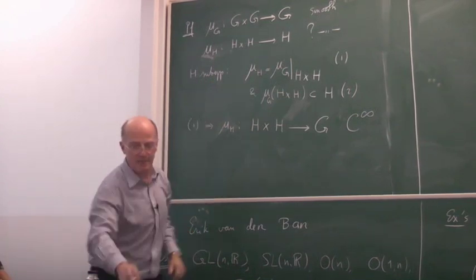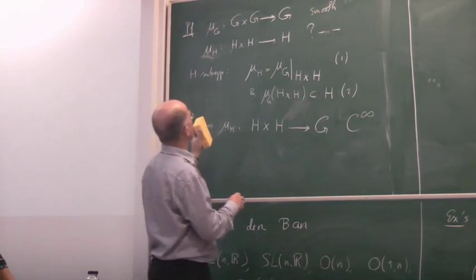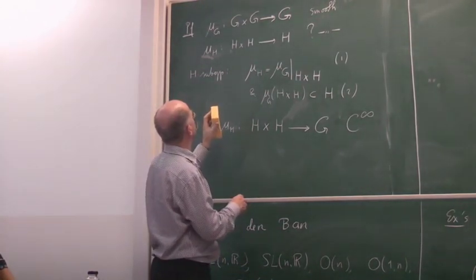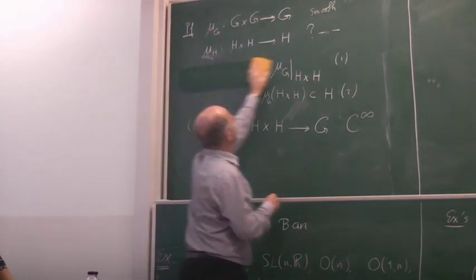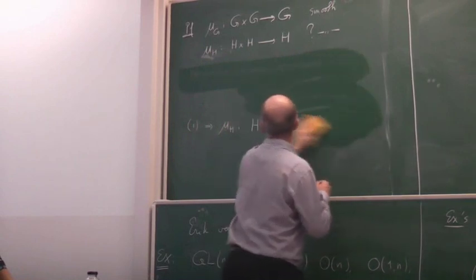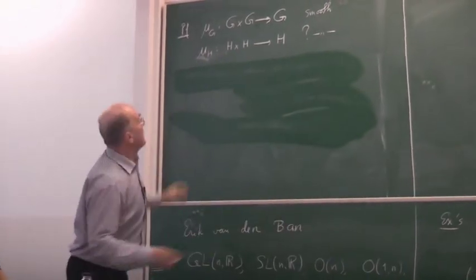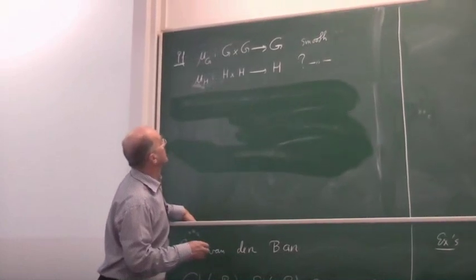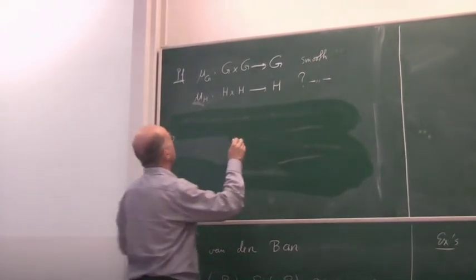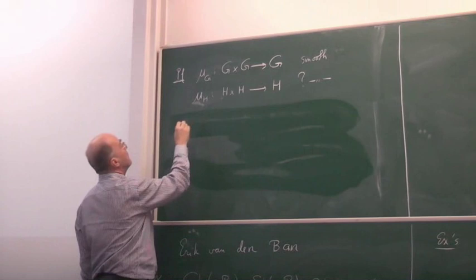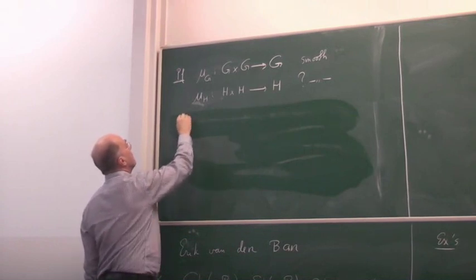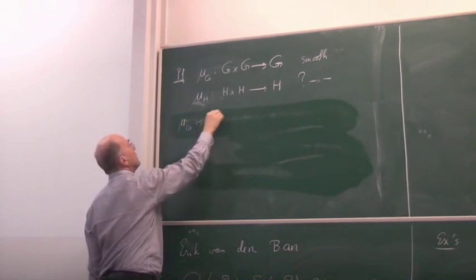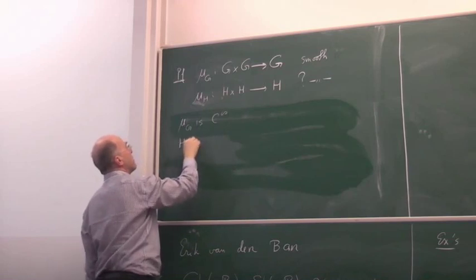So maybe I should write it, this causes confusion. I'll write it a bit differently. So what we know is that mu G is smooth and H is a submanifold.